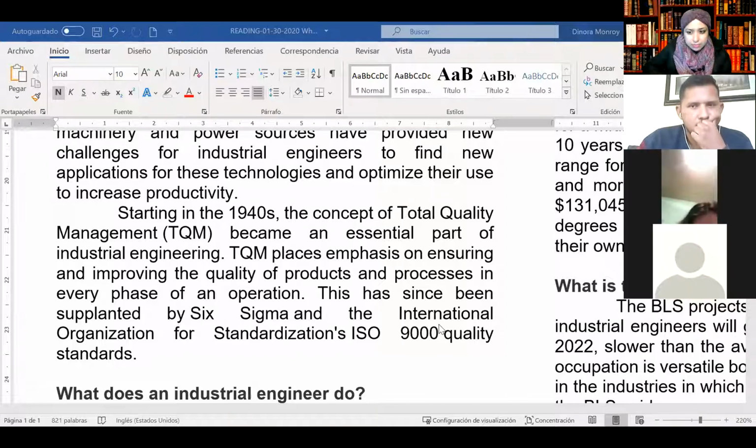TQM places emphasis on ensuring and improving the quality of products and processes in every phase of an operation. Was that Asael? Yes, it was. Okay, thank you. Yeah, I thought it was his voice. Good. Someone else, please.